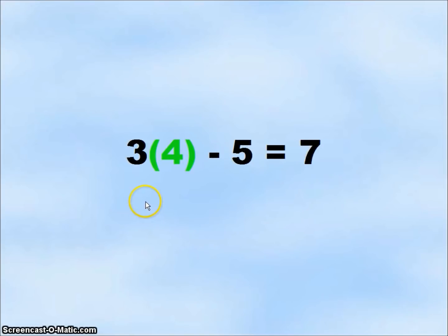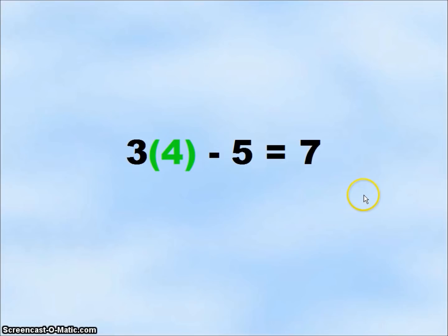Not so bad, eh? Now, as any good mathematician or student of mathematics, we should check our results. So plugging 4 into the original equation, 3 times 4 minus 5 equals 7.